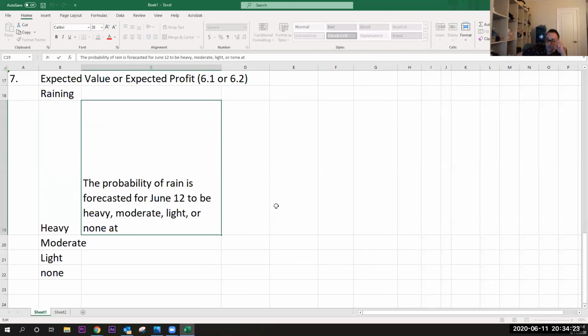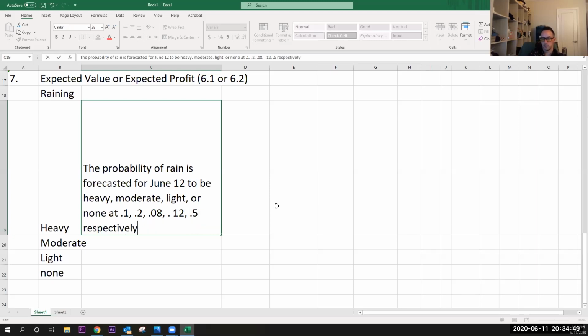All right, the probability of rain is forecasted for June 12th to be heavy, moderate, light, or none at 0.1, 0.2, 0.08, 0.12, 0.5, respectively.